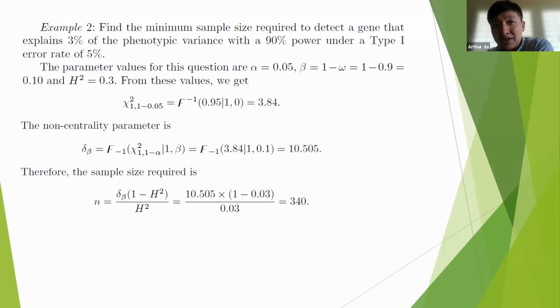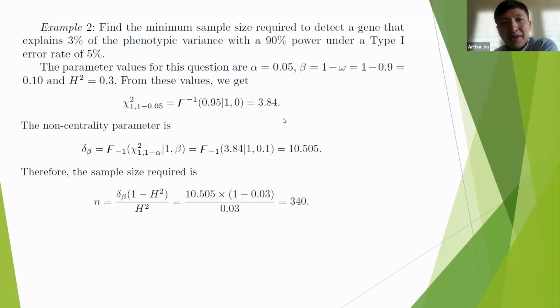F2 design is an easy and standard design, but in the future, if you get a natural collection from people or citrus, the allele frequency is not following the F2 design, right? But with all this information, you can still use the same testing scheme to test each locus along the genome, and this can help you identify all possible genomic loci that are responsible for the trait of interest.